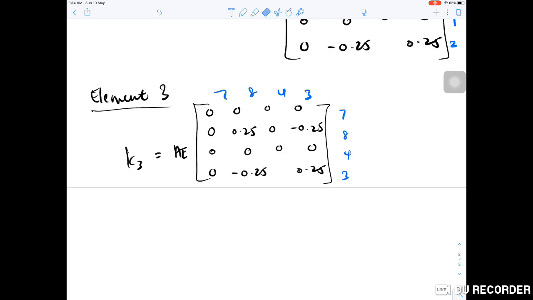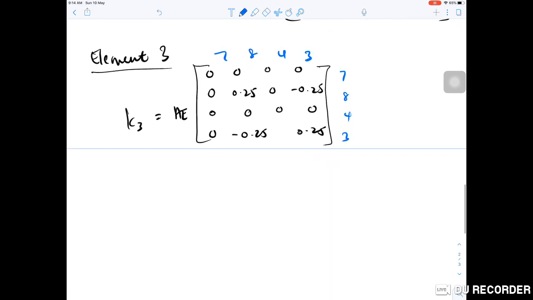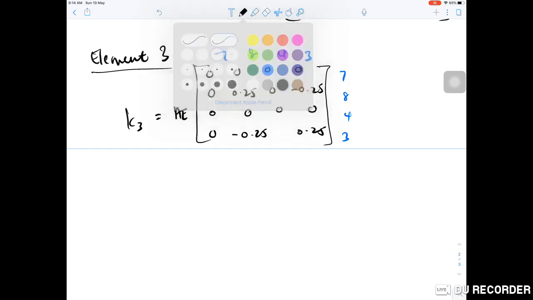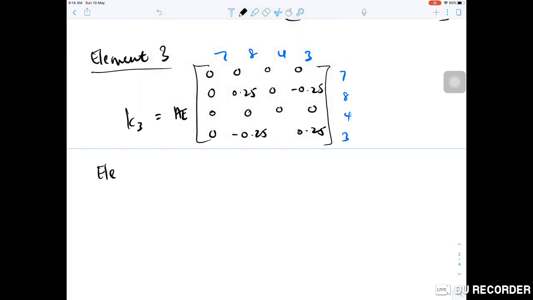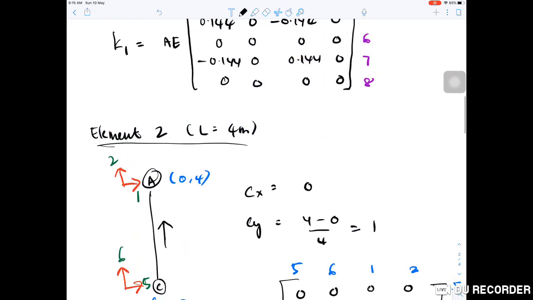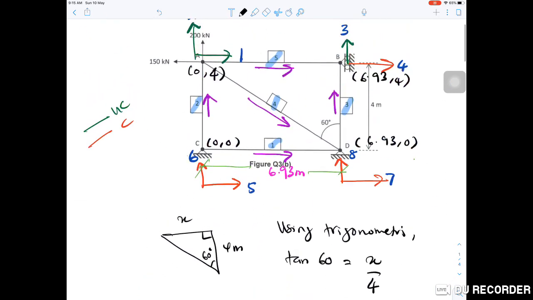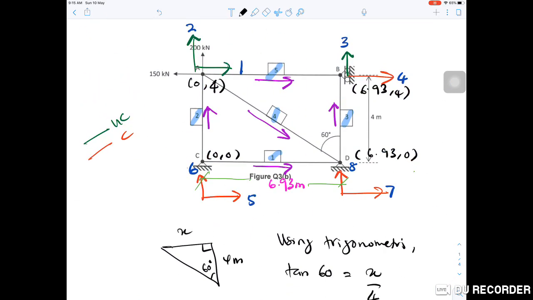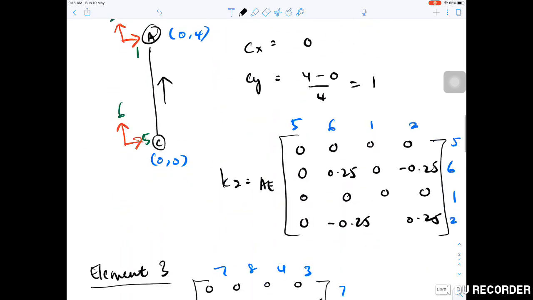And for element number 4, element 4 is an inclined member, so the length is the square root of 4 square plus 6.93 square, which is 8 meter.